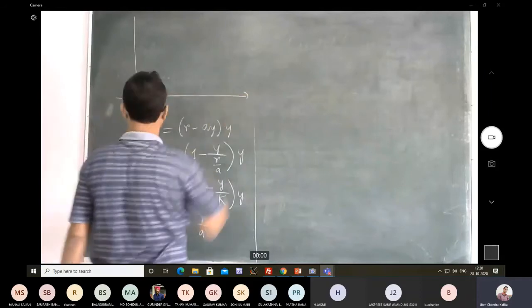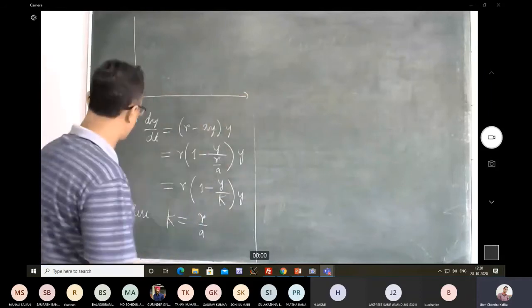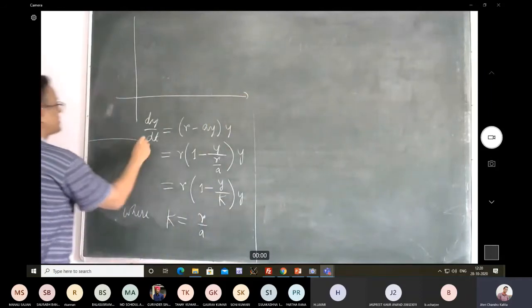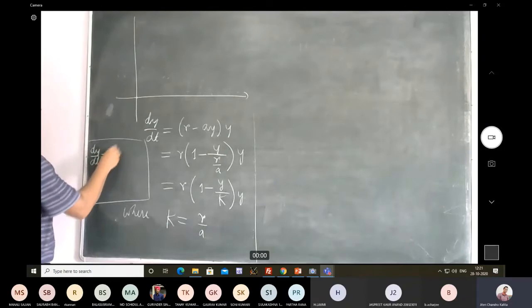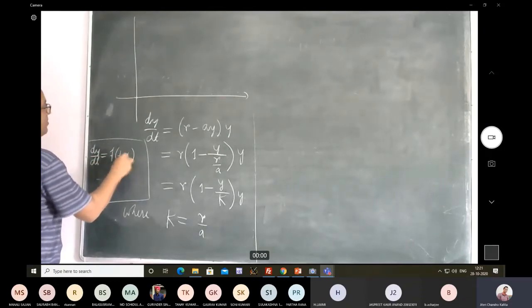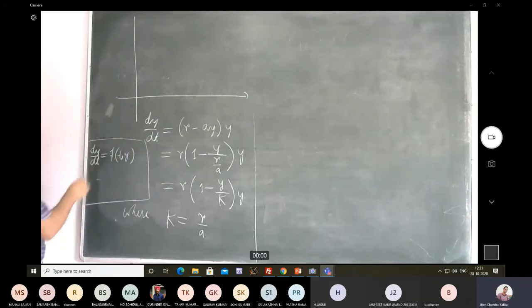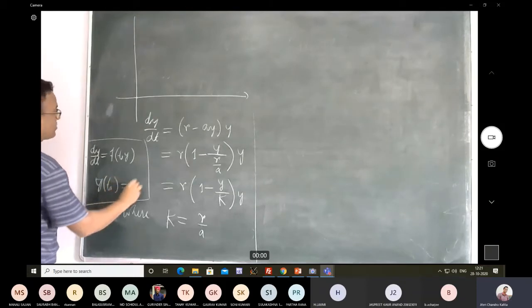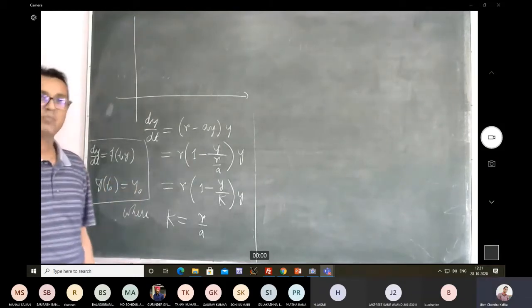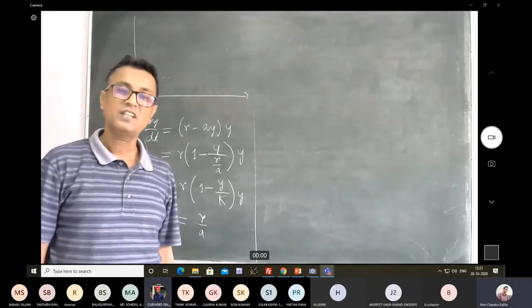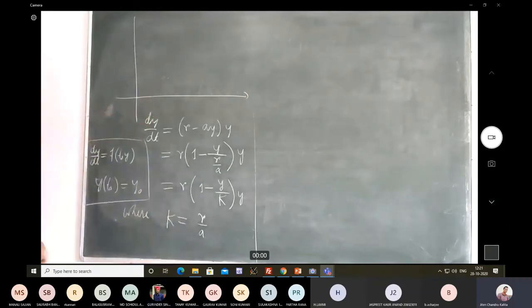If you recall, earlier when we considered the initial value problem, we had dy/dt equal to f(t, y) under some initial condition, y at t naught equal to y naught.